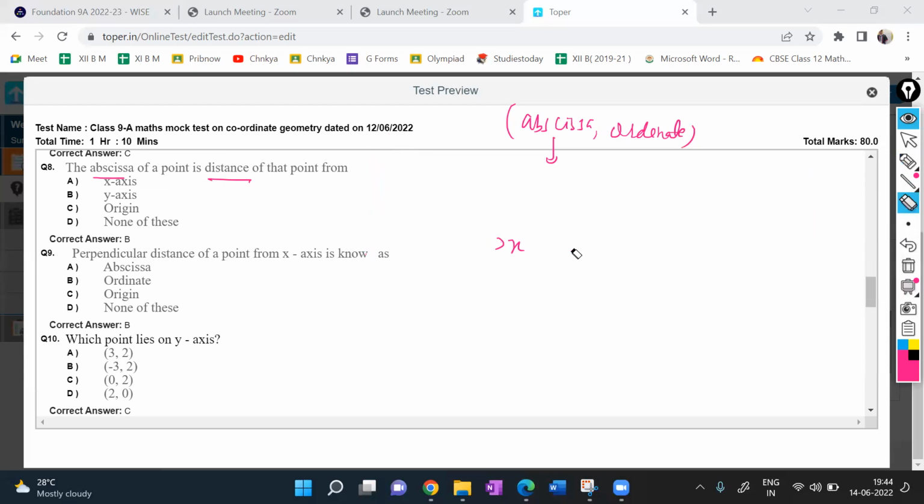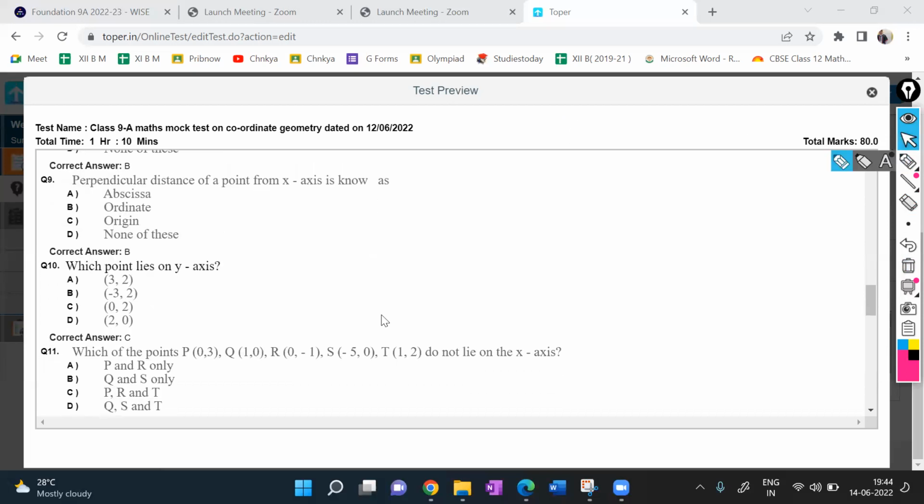So from which axis? From the y-axis. Hope you are understanding. Abscissa is the distance of a point from the y-axis. Ordinate is the distance of the point from the x-axis. Ordinate is from the x-axis, abscissa is from the y-axis. Chalo, next.